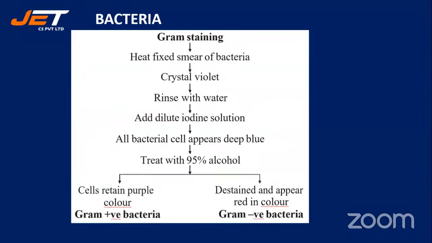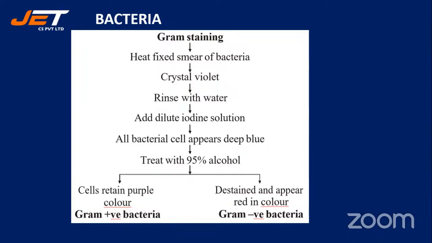Okay, so we learned how to distinguish between two bacteria, like gram staining. We have learned this. So gram staining is where we heat-fix a smear of the bacteria, and then we put the crystal violet, and then we rinse with water, adding the dilute iodine solution, and all the bacteria appear blue. Then we wash it with alcohol.